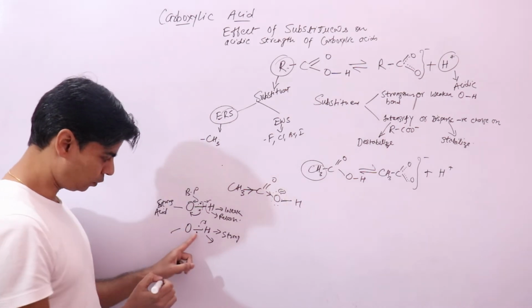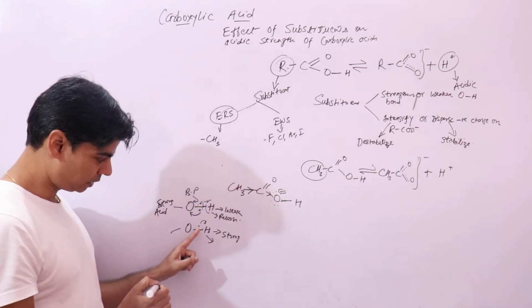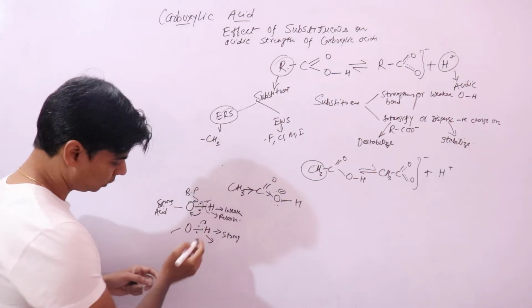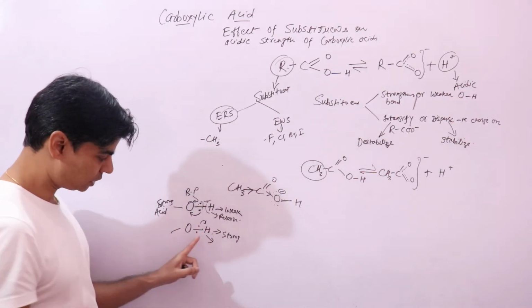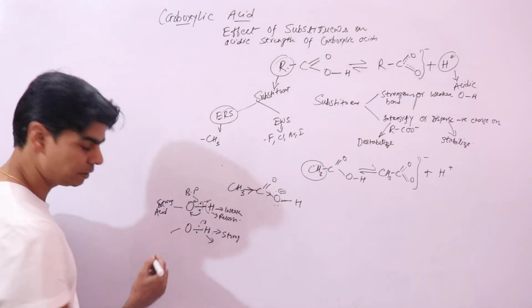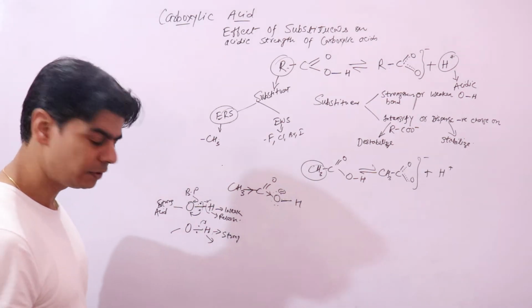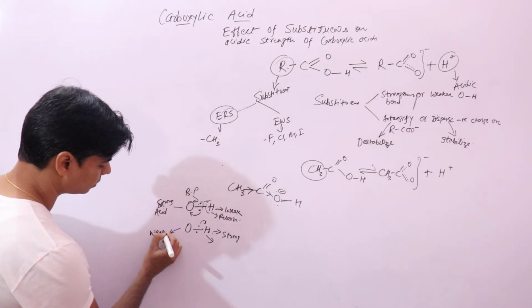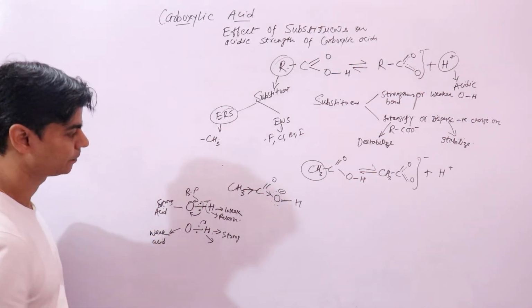When the force of attraction between this bond pair and hydrogen is more, the release of the hydrogen atom from this bond will become difficult. When the release of hydrogen becomes difficult, that means it will make it a weak acid. This is the basic thing.